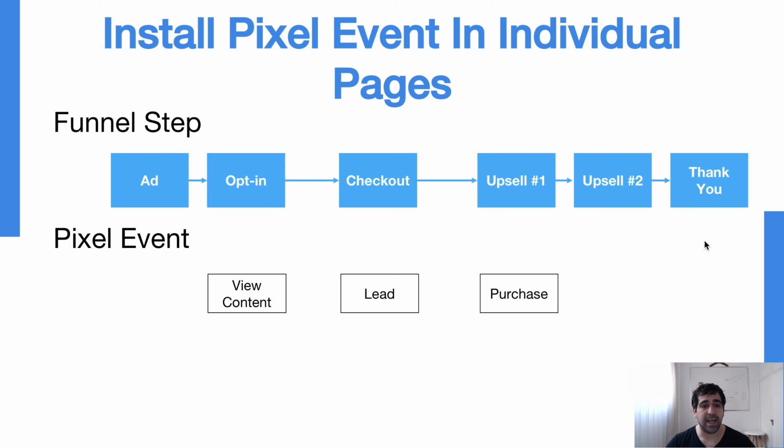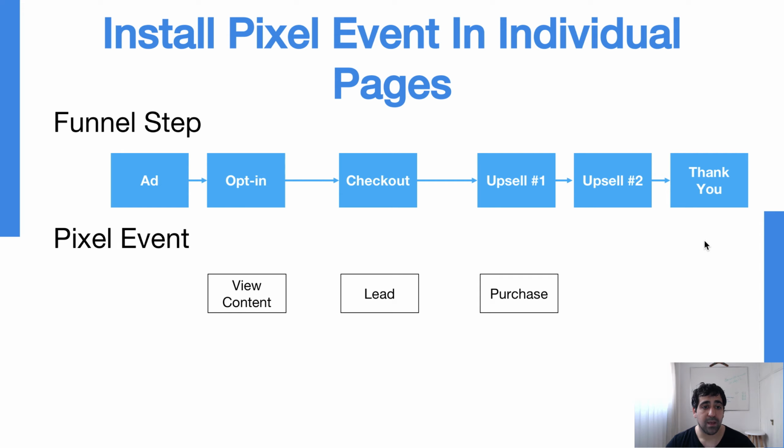And this is gonna help Facebook to bring you more of, initially, the people who view your content, and after that, after they have enough of them, probably you're gonna have some leads, and Facebook can optimize per leads, and then after that Facebook can optimize per purchases.